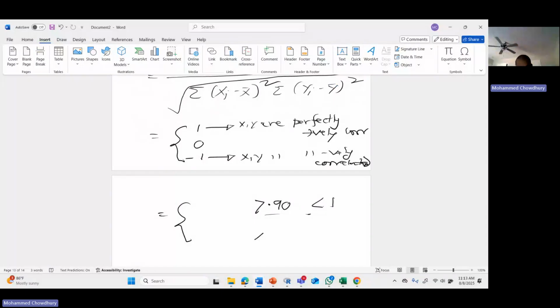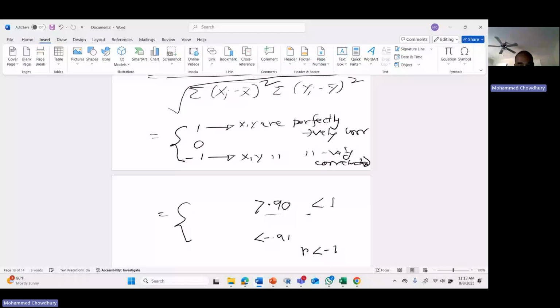If it is negative 0.90 to negative 0.75, then it is called fairly negatively correlated. And if it is between 0.50 and 0.75, then moderately positively correlated. If it is between negative 0.75 and negative 0.50, moderately negatively correlated. And below 0.5, the correlation is weak: weakly positively correlated, weakly negatively correlated.